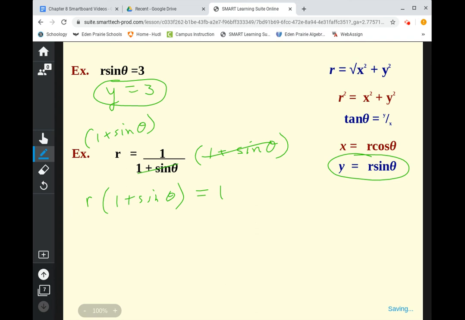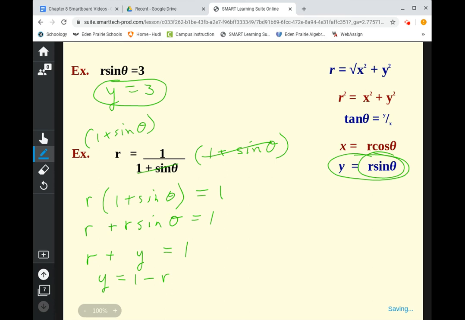Now what I can do is distribute the r. So I now have r plus r sine of theta equals 1. Well, r sine theta, that's right here again, r sine theta is just y. Now I have r plus y equals 1. If I subtract r on both sides, I have y equals 1 minus r.